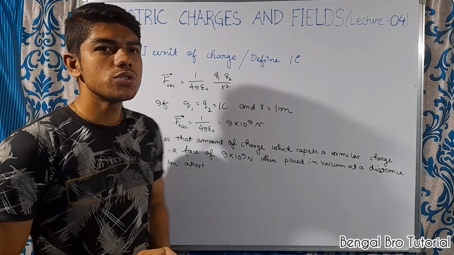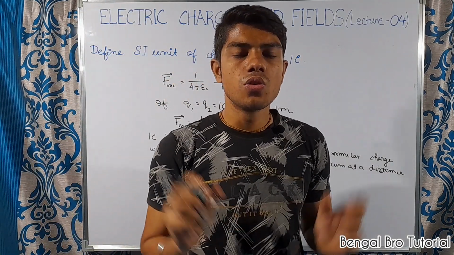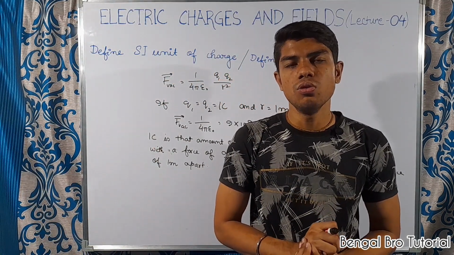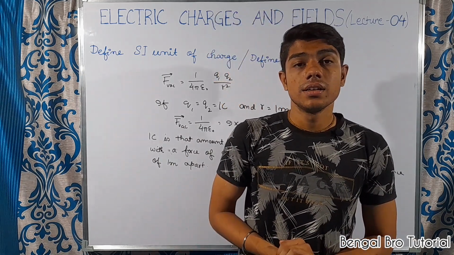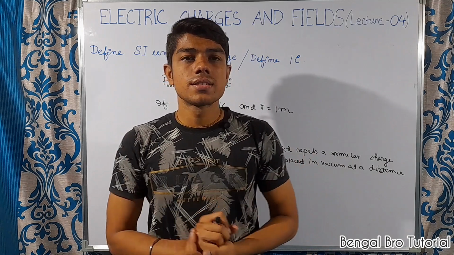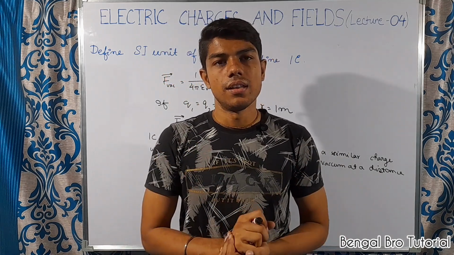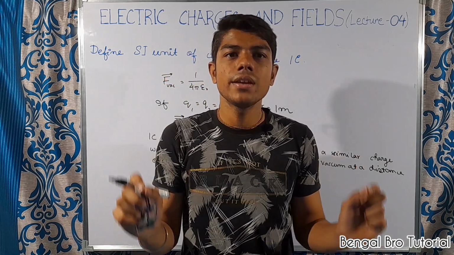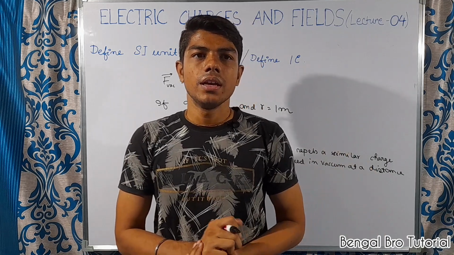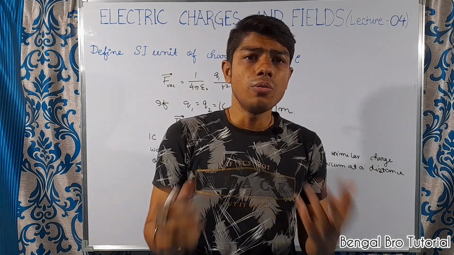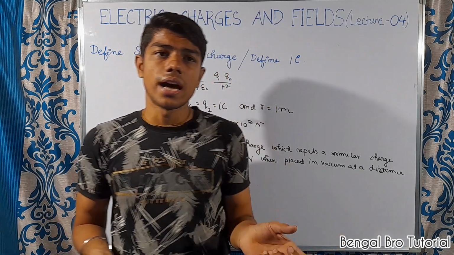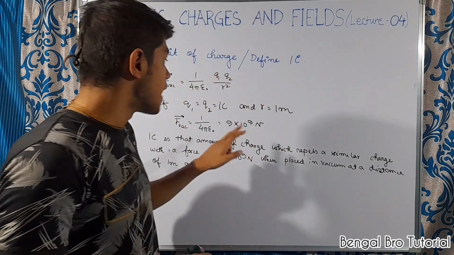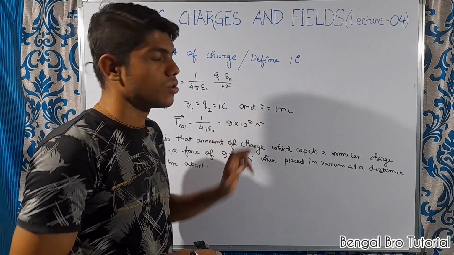See, suppose I have given you two charges q1 and q2 whose magnitudes you don't know, but the two charges are identical, which means that they have same magnitude and same sign. Now you have found out that the force exerted by one charge on the other is equal to 9 into 10 to the power 9 Newton.